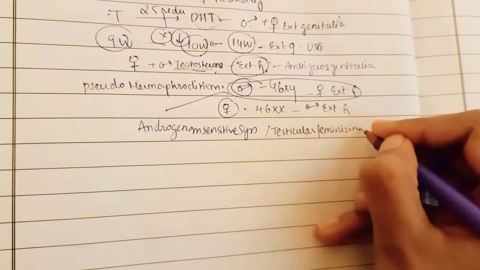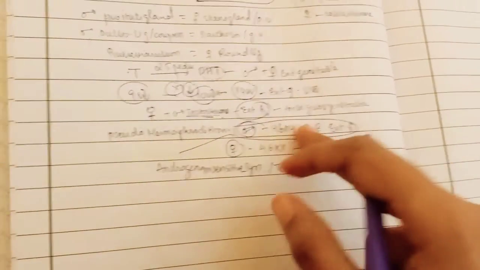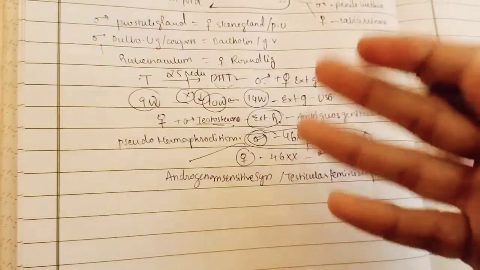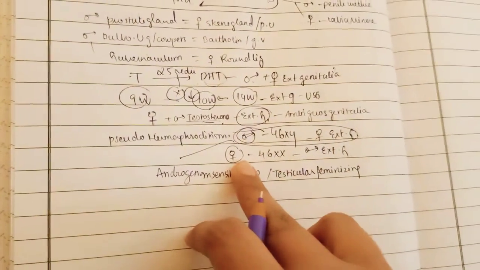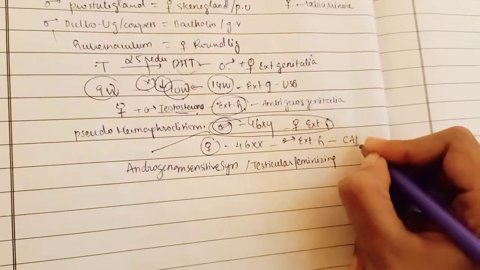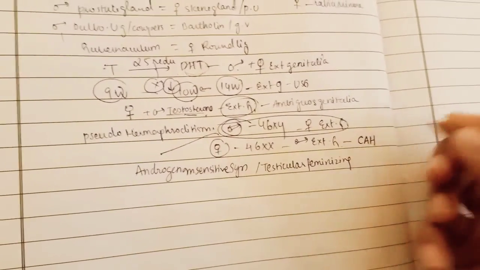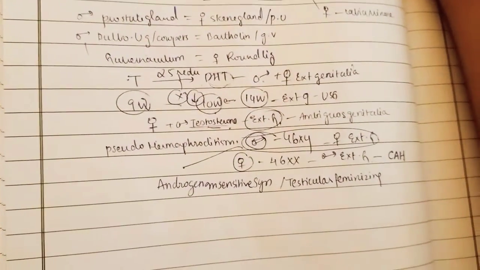In the name itself you can see testicular feminizing syndrome or androgen insensitivity syndrome, then you will see male pseudo hermaphroditism. In the case of female pseudo hermaphroditism, the most common cause is CAH, congenital adrenal hyperplasia. Okay, so that is the cause for this.